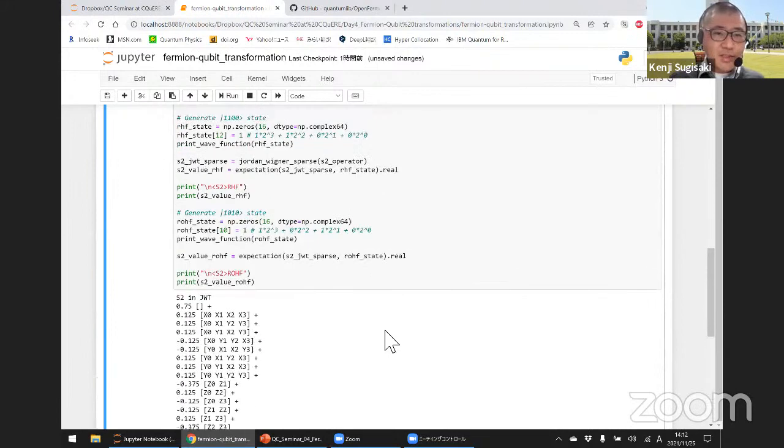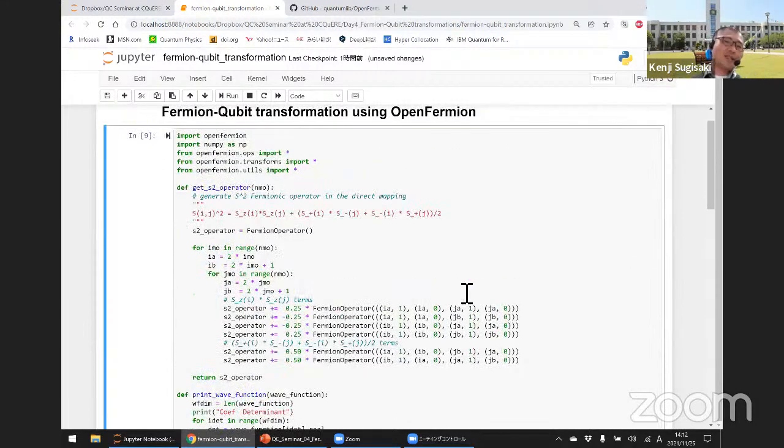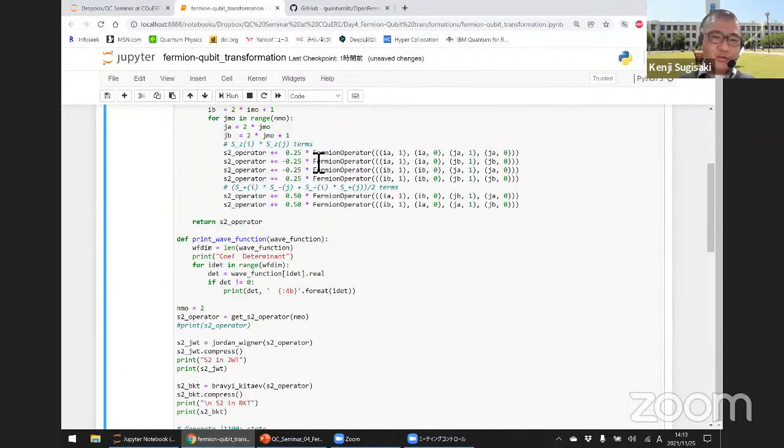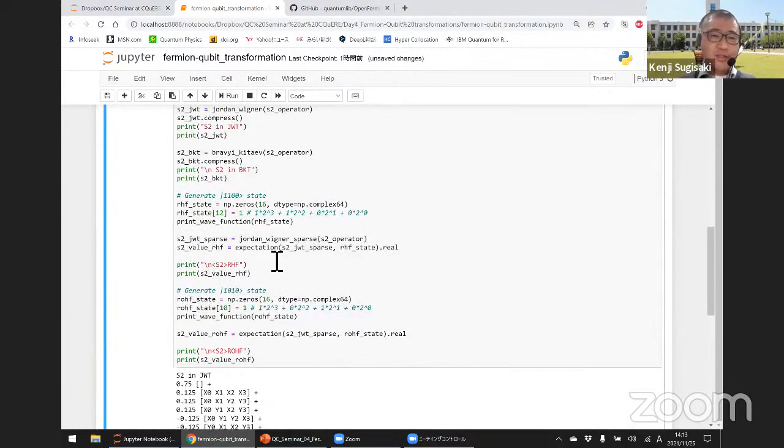So generally, if we can define some operators in fermionic form, we can generate the qubit Hamiltonian using OpenFermion, and also we can calculate the expectation value of the operator by using the expectation function.